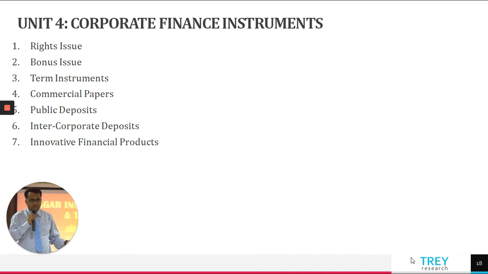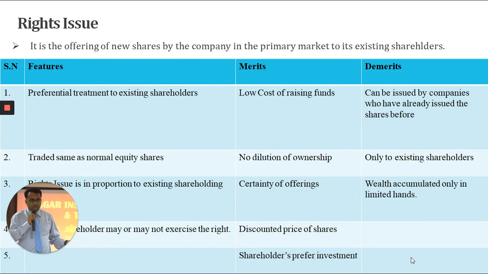So rights issue is the offering of new shares by the company in the primary market to its existing shareholders. When companies are going for any follow-on offers, coming up with some new shares, before offering it to the public, they offer it to their existing shareholders. It can be at a discounted price as well.